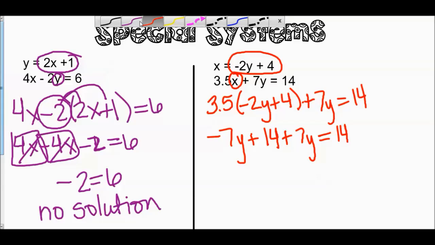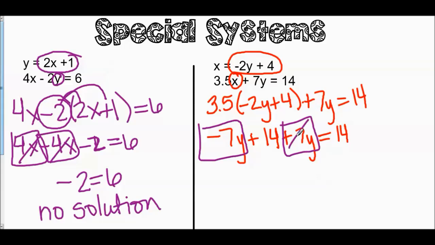When I go to combine like terms, -7y and +7y end up canceling, and I'm left with 14 equals 14, which is always a true statement.